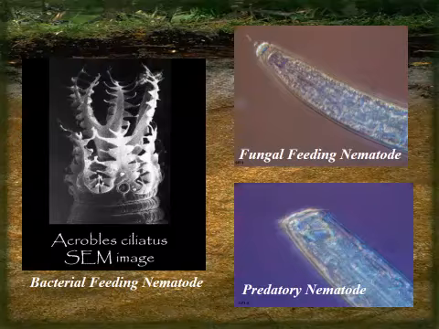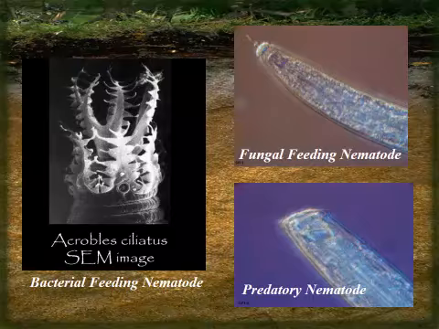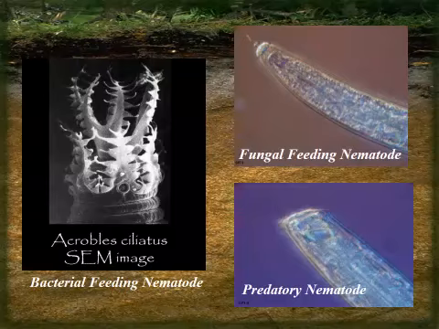Fumigants are great because they go in and they'll completely wipe out a nematode population. However, fumigants are not specific enough that they can pick out bad nematodes and good nematodes, because there's good nematodes in the soil too that are probably doing us some good.